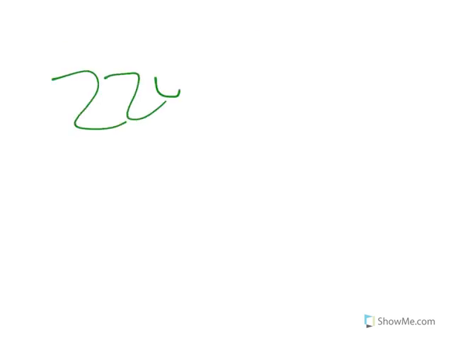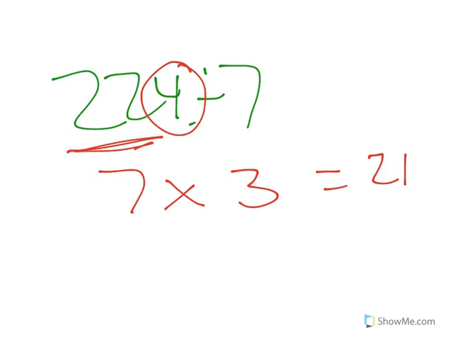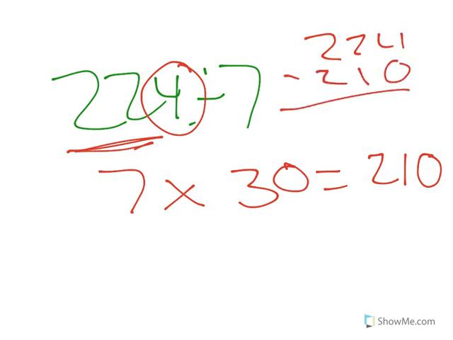Now, let's do a little bit bigger number. If I have 224 divided by 7, just like in our previous lesson, 7 goes into 22 how many times without going over? 7 times 3, good, equals 21, but I have this here, so I have to add a 0 there and a 0 there. So 210. Then I take 224 minus 210 and I get 14.